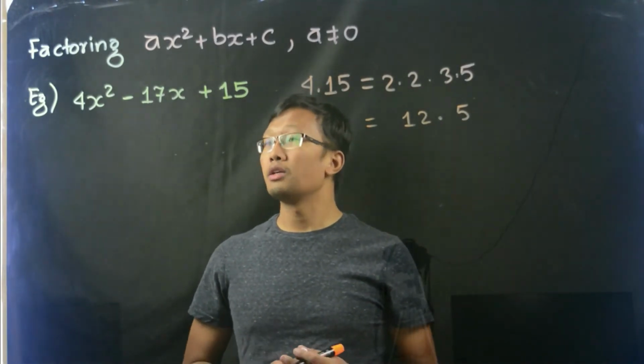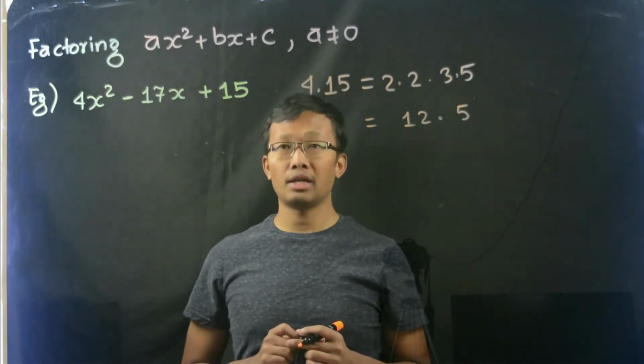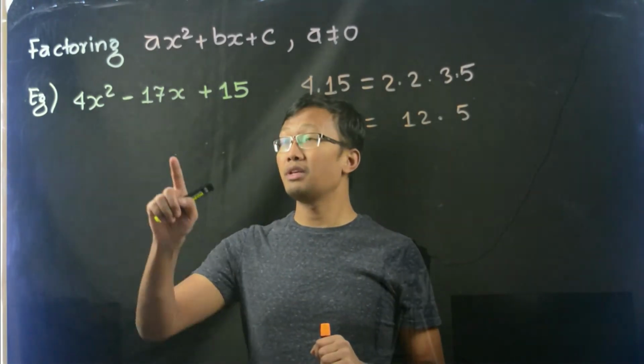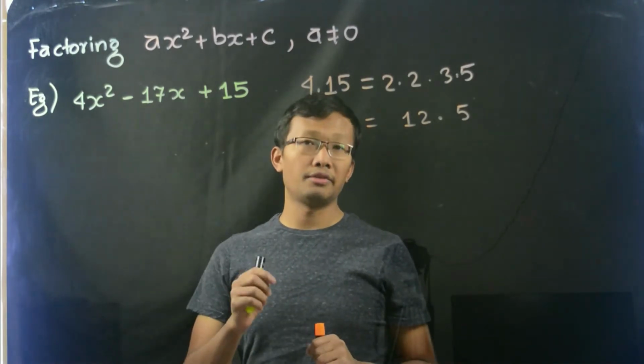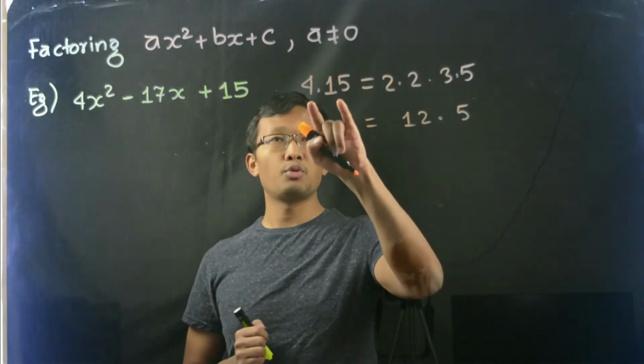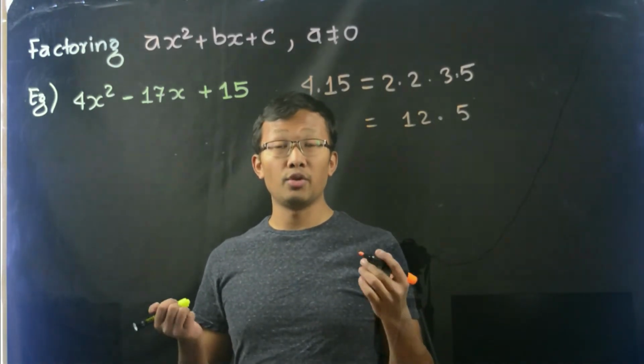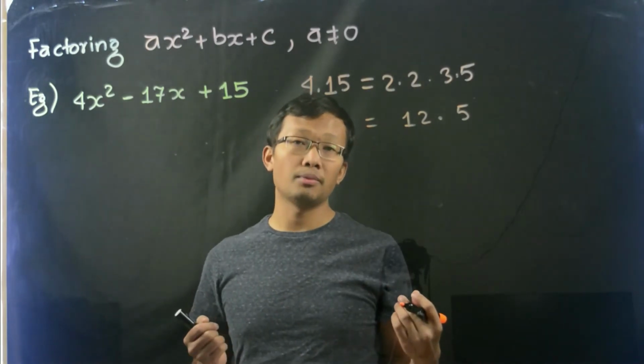But we know that we need a negative sign in front of it. So how can we handle this? Having a negative sign here really causes some trouble, but not so much, since 4 times 15 is a positive number. And we know that negative times negative is a positive number.